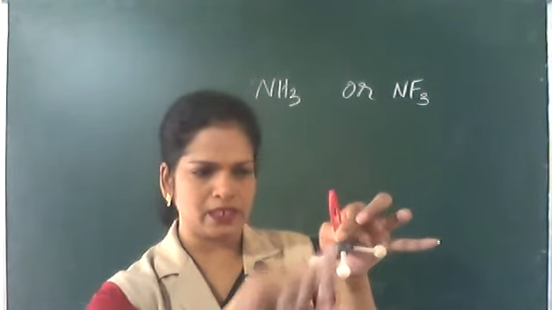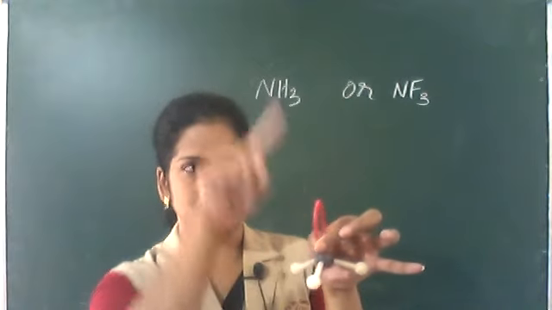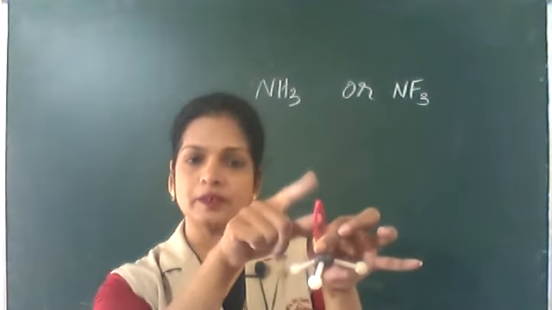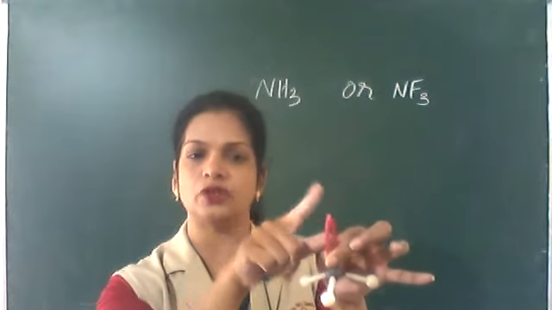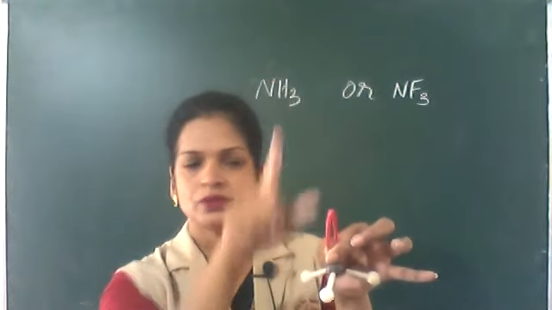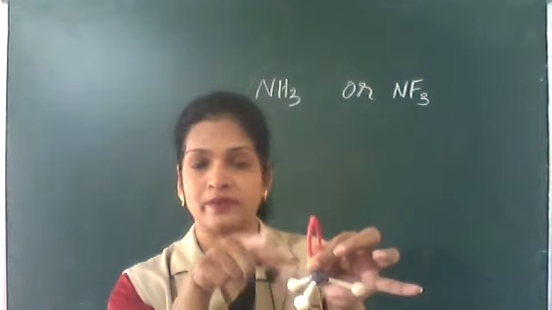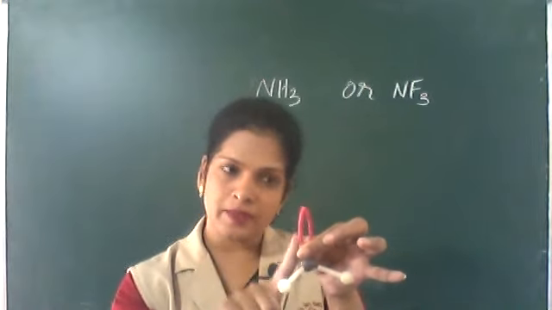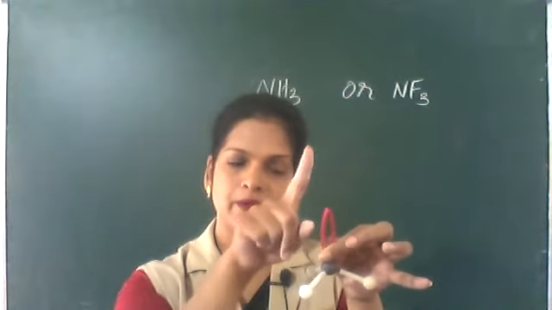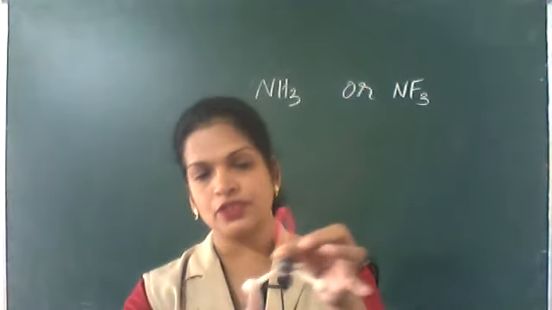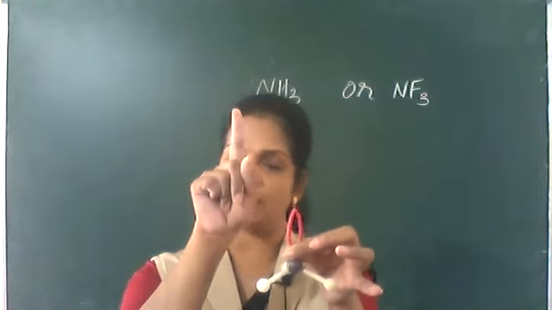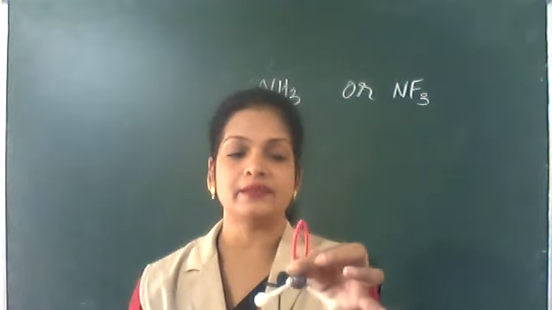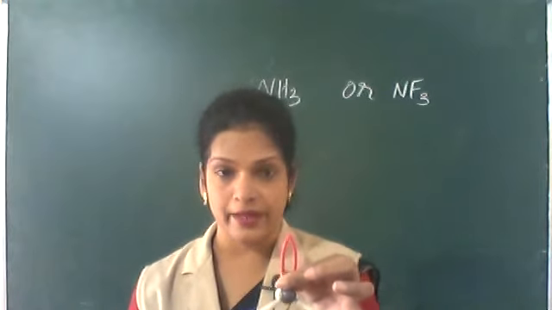In this direction, in this direction, in this direction, so their resultant is up. And this orbital dipole moment's direction is also up. So net dipole moment is very high. It gets added up. Orbital dipole moment is towards up, and the resultant of all these three is also in the upward direction. So the net dipole moment is very high.